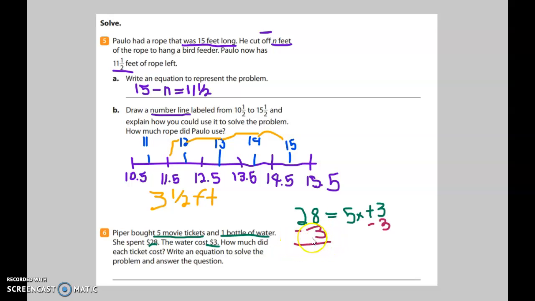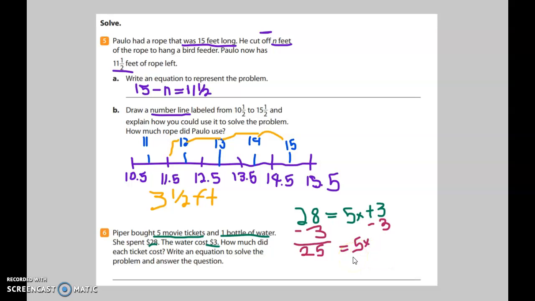So 28 minus 3, well, 8 minus 3 is 5, and I keep my 20, that equals 25. So now I have 25 equals 5x, because that 3 has now been taken out of this side. If I have $3 and I buy something for $3, it's $0. So now I have 25 equals 5x.